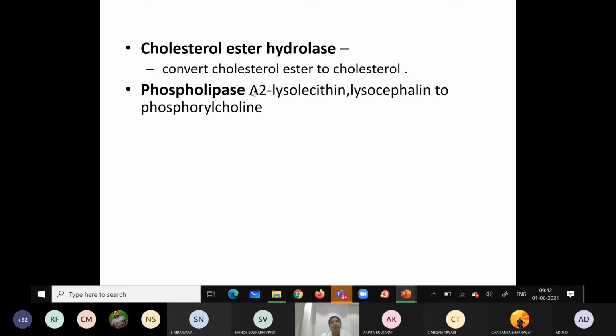Then phospholipase A2 acts on phospholipids to convert them into lysolecithin and lysocephalin, and the ultimate end product is phosphorylcholine. If you study the biochemistry of these, you will find these enzymes are very important, and the end products they secrete are equally important.